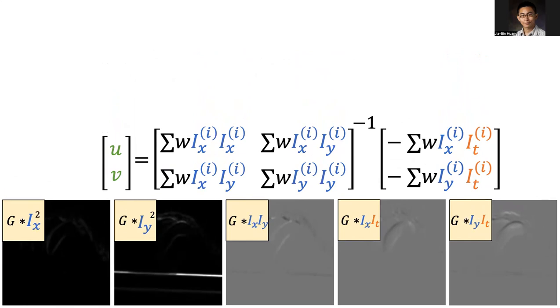All right. This algorithm only works when your assumption is valid. The biggest assumption here is that U and V are small. But in reality, it may not be small. If I'm moving very fast, you are not capturing the video with a high-speed camera.